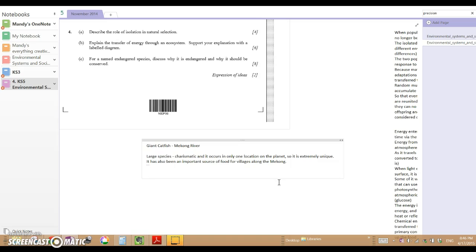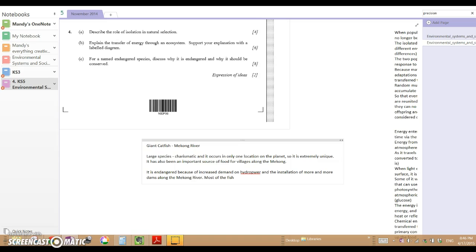The reason why it's endangered, so I've named it now. Why is it endangered? It is endangered because of essentially increased demand for hydropower and the installation of more and more dams along the Mekong River.